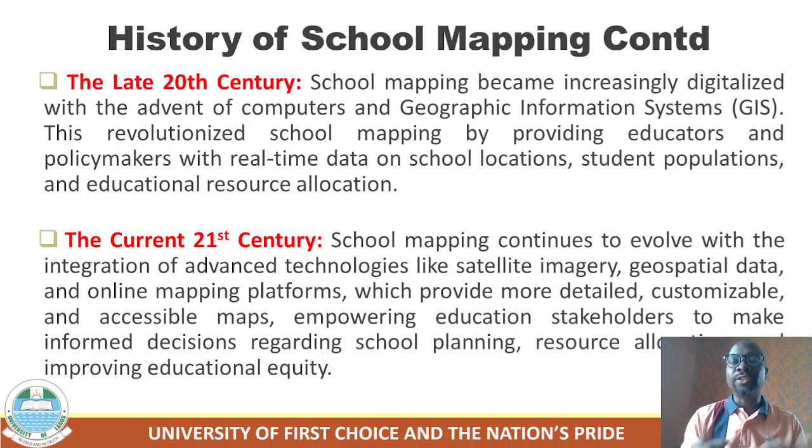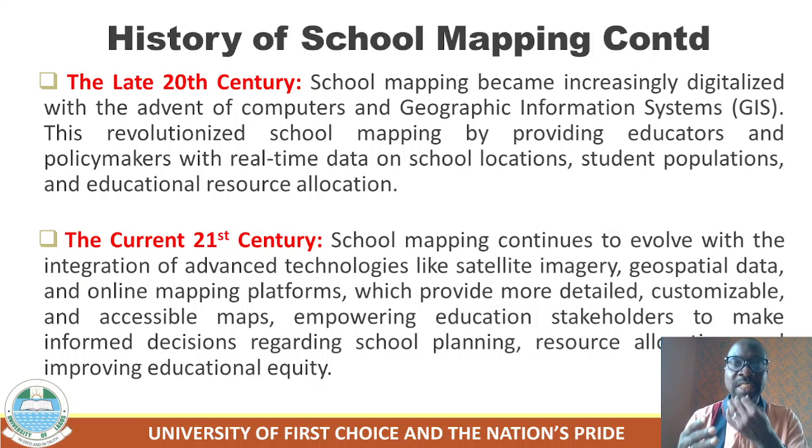And the last era in the historical development of school mapping is the current 21st century, in which school mapping continues to evolve with the integration of advanced, emerging technologies like satellite imagery, geospatial data, and online mapping platforms.